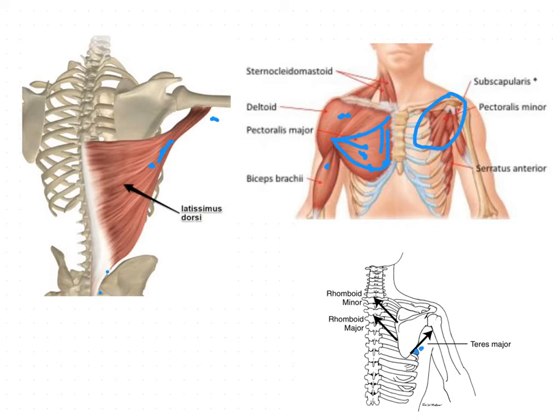And the function of the teres major muscle is strongly dependent on the activity of the rhomboid muscles. The rhomboid muscles are the rhomboid major and the rhomboid minor.